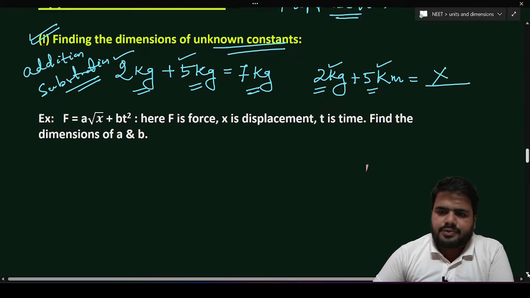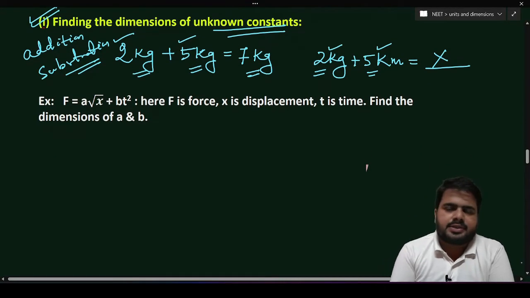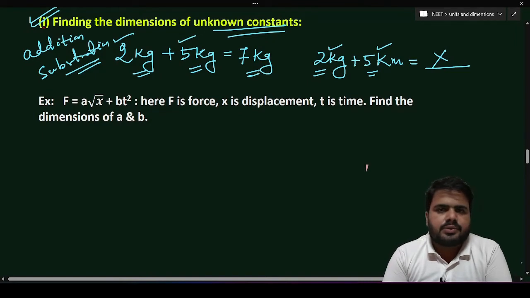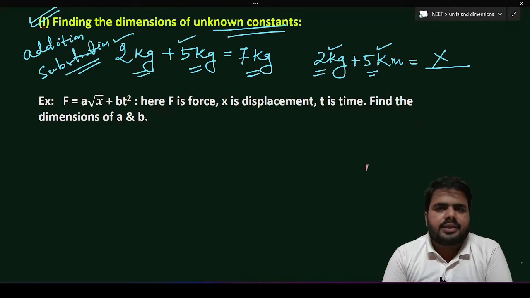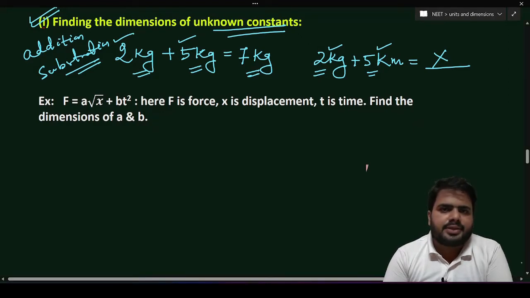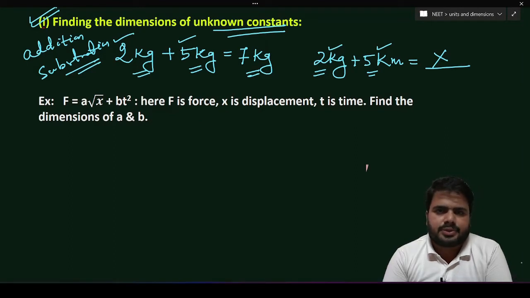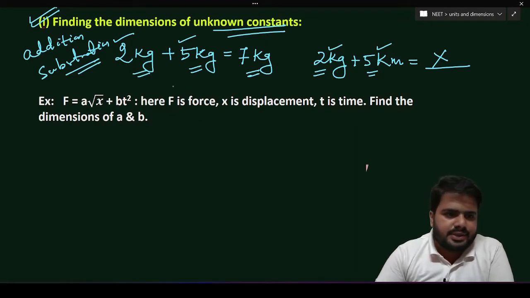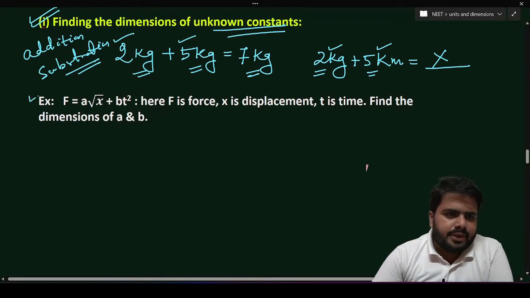That means if two physical quantities, terms or equations are added or subtracted, then they must have the same dimension. Only then is their addition or subtraction possible. Otherwise it is not possible. Here is a very important example I have written: F equals a root x plus b t square.